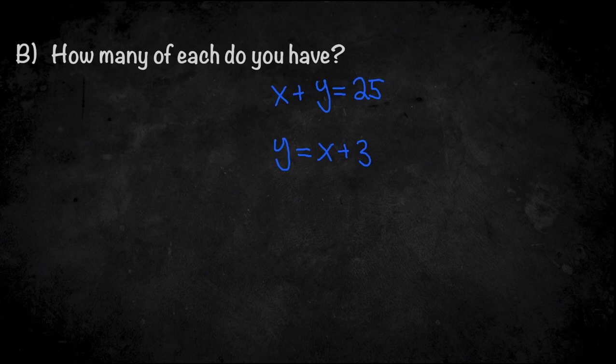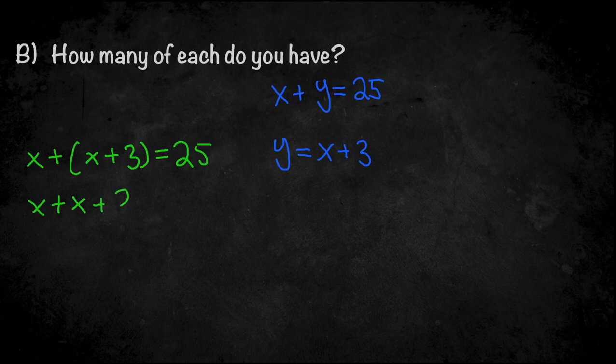So that would be x plus x plus 3 equals 25, right? And we can't simplify the 3, so that would just simply be x plus x plus 3 equals 25. And x plus x is 2x, so that would be 2x plus 3 equals 25.